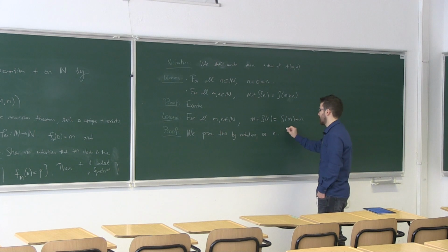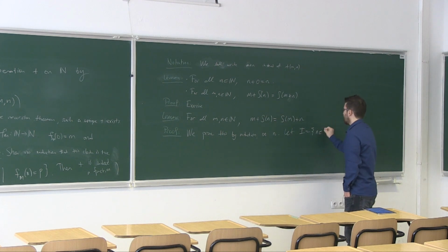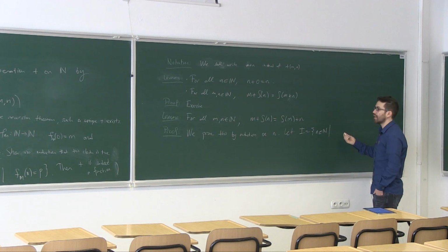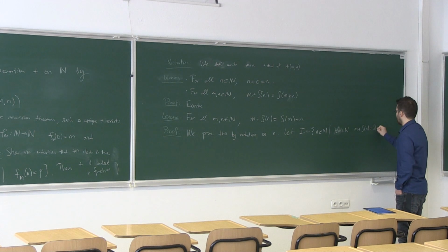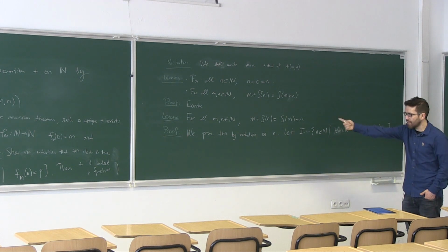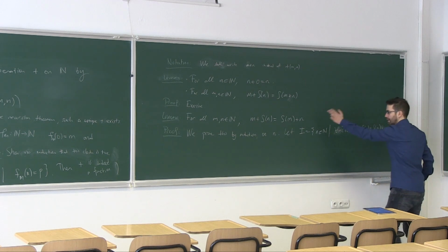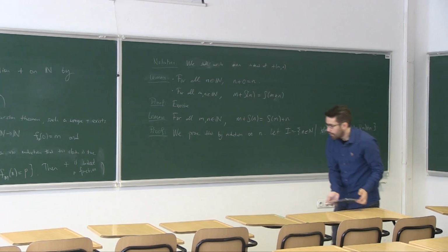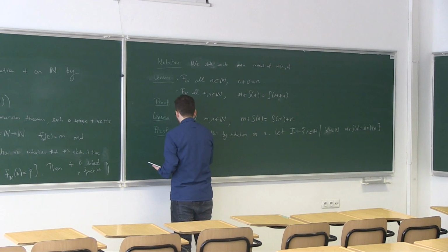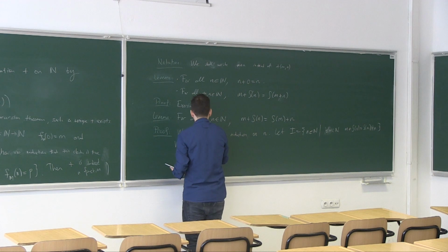What that means is this. Let I be the set of all natural numbers n such that this claim holds, okay? So doing induction on n means the following. I'm letting I be the set of all natural numbers such that this claim holds. We shall show I is inductive.